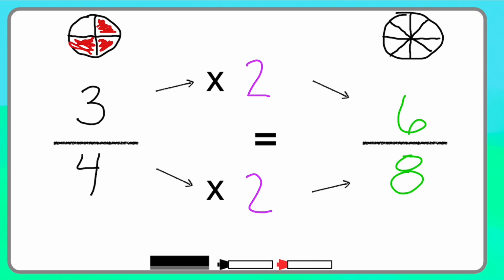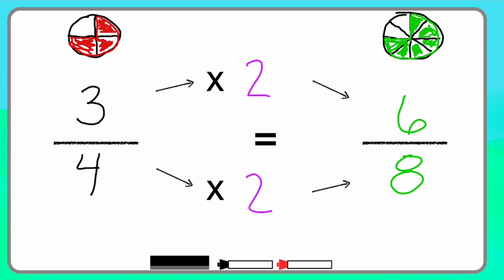And I said that was equivalent to shading 6/8 over here. So 1, 2, 3, 4, 5, 6 over here. Comparing these two circles, I can see that both of them ended up with an equal amount shaded as the other one. These are equivalent fractions.